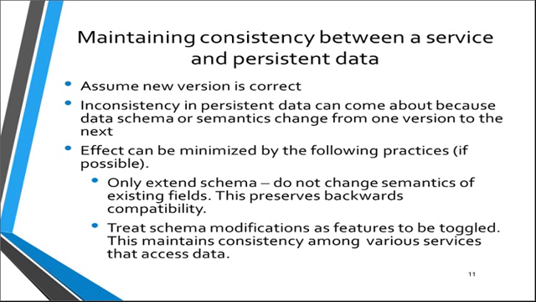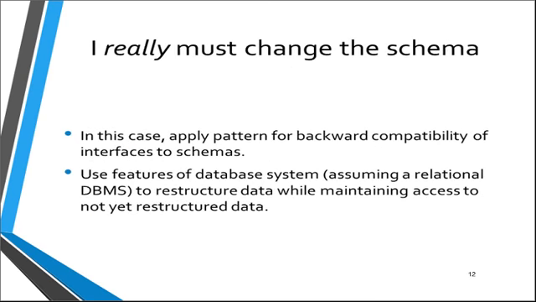You do not change the semantics, and that gets you backward compatibility. You treat schema modifications as features to be toggled, and then you can maintain consistency among the various services that access the data. If you really have to change the semantics of the schema, then you treat it as a backward compatibility problem, and there would be a translation layer that translates from the old schema to the new schema.